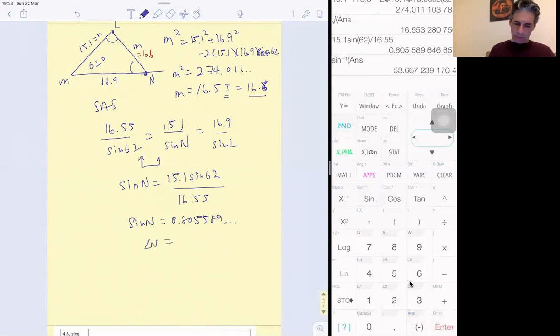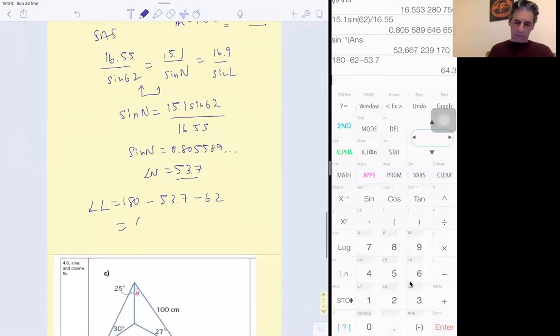And that gives us an acute angle. But based on the diagram we've drawn, we know that angle has to be acute. Okay, 15.7 is the angle there. And for the last angle, L, we won't use the sine rule again. We'll just subtract the two angles that we have from 180. And that'll leave us with 64.3. And that's how you would solve that triangle.